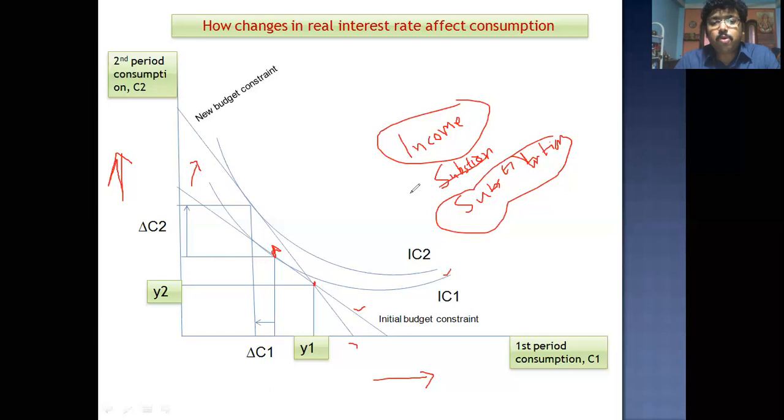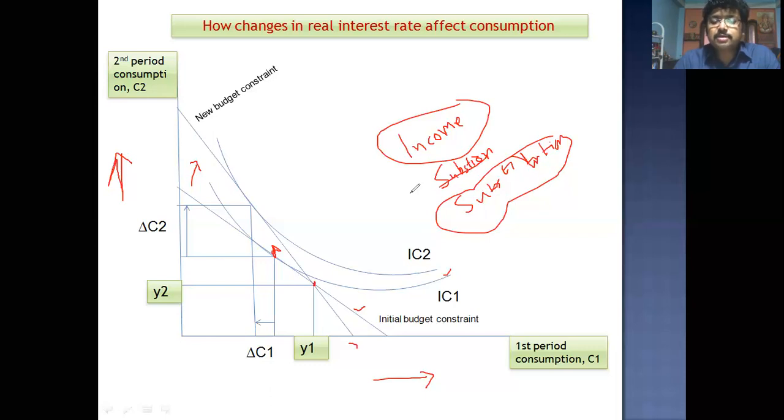Now, the crucial point is here, that is the substitution effect. Because of the substitution effect of the real interest rate, the second period consumption is less expensive compared to the first period consumption. As the second period consumption is less expensive, the second period consumption will increase.